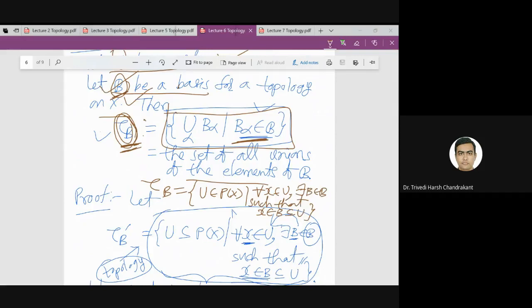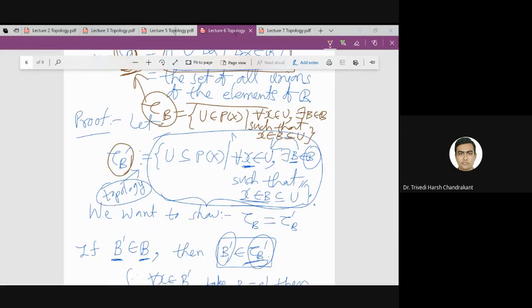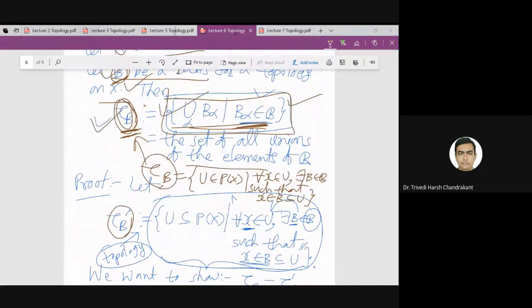We want to show that this tau B is exactly this set. This set I am denoting just using the notation tau B dash. You can call it capital A also, it doesn't matter. It is just some set or a family. So we just want to show this set and this set are the same.